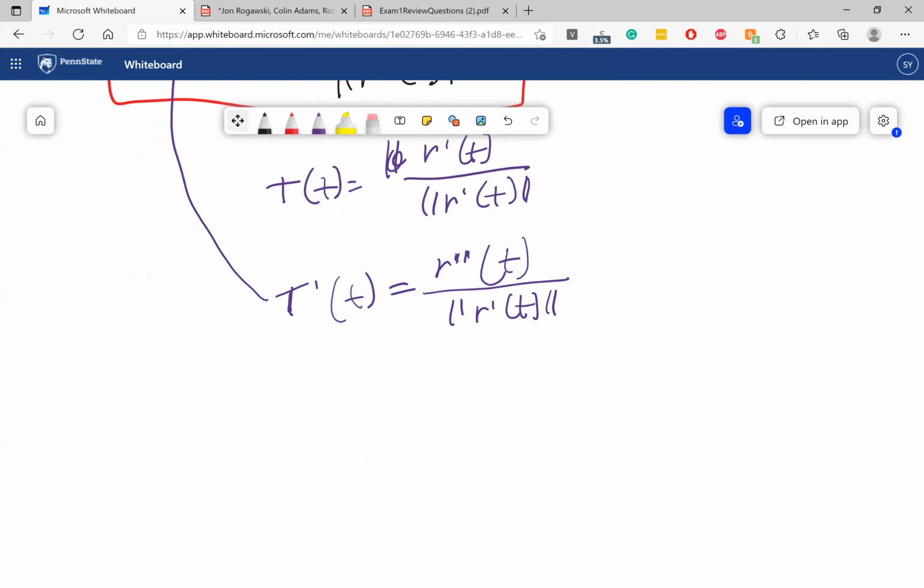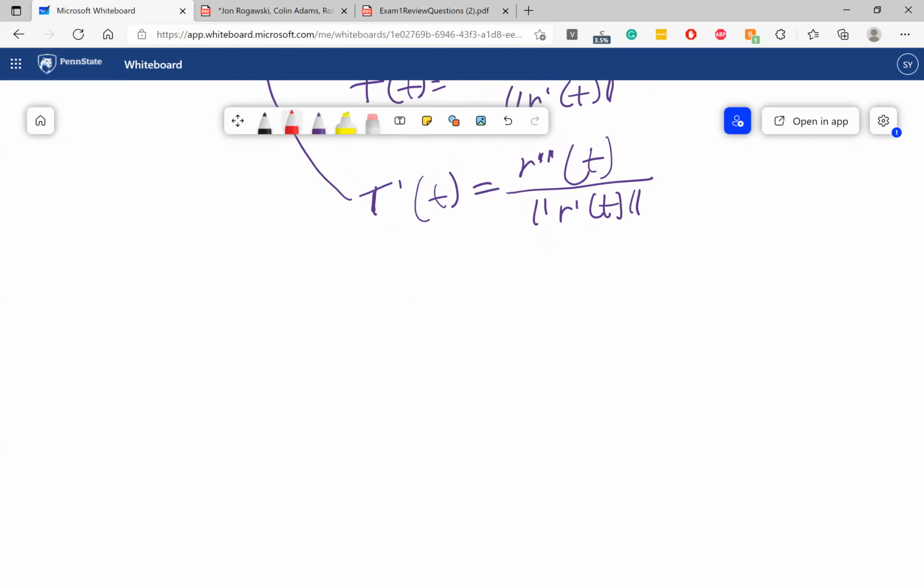The second formula, which is probably more useful, is the following. Any questions so far?